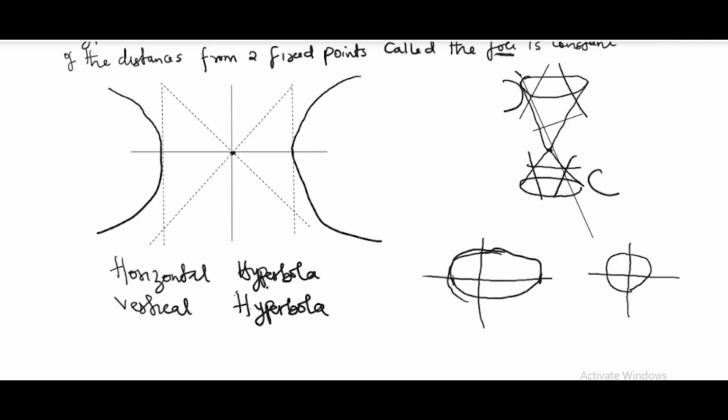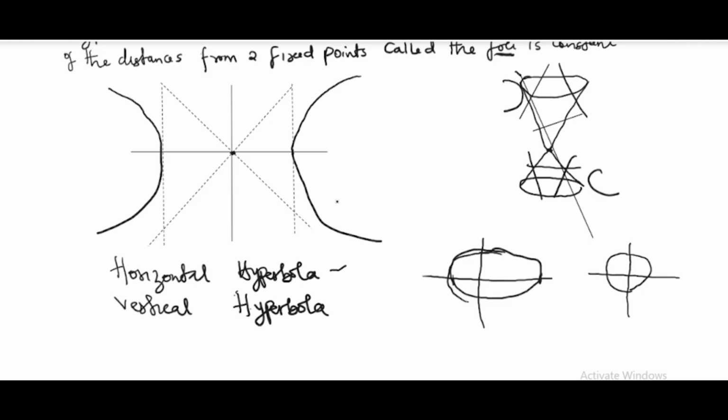Beautiful. So in this class, what we're going to be using is the horizontal hyperbola. What makes this hyperbola horizontal is the fact that the curve is on the x-axis and not on the y-axis. All right, good. So this is a horizontal hyperbola.